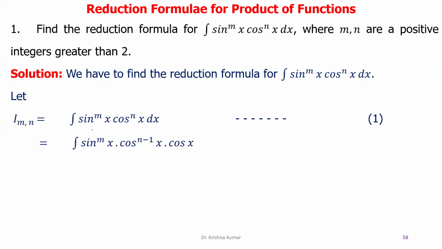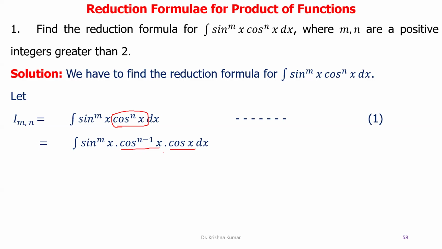Now we can write cos to the power n x in two parts, cos to the power n minus 1 x into cos x.